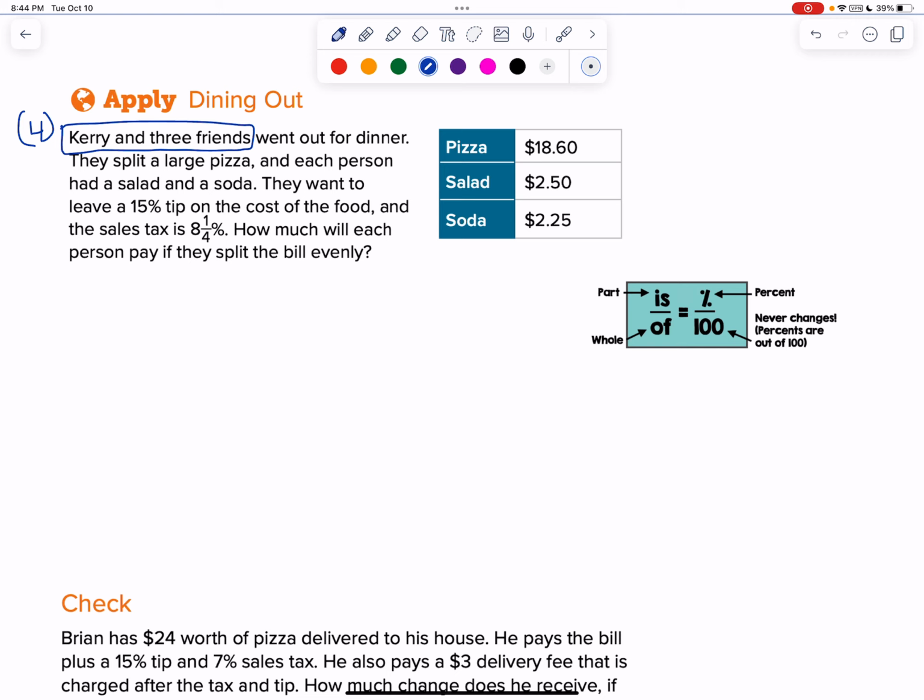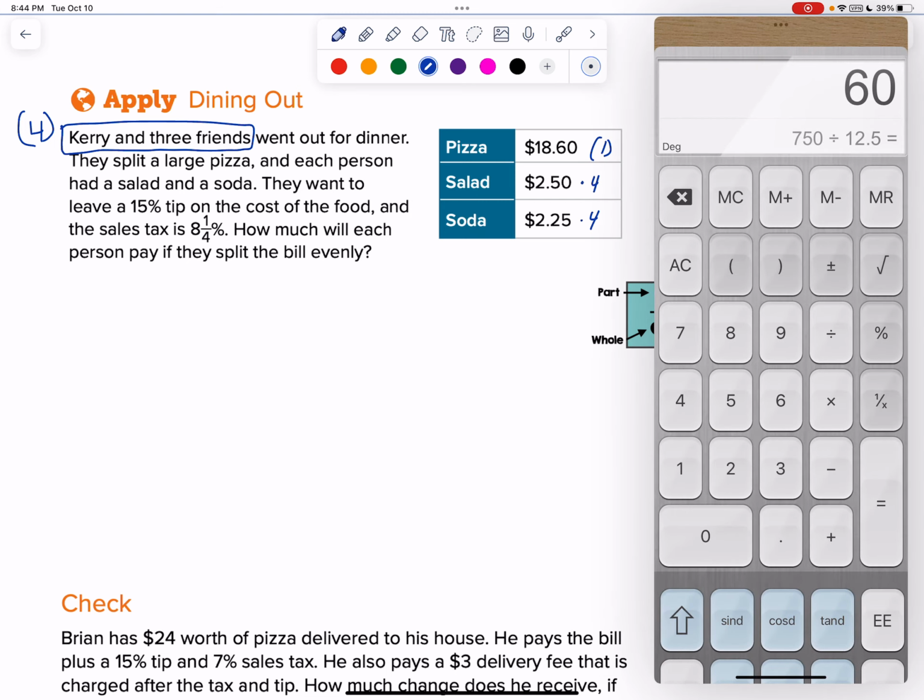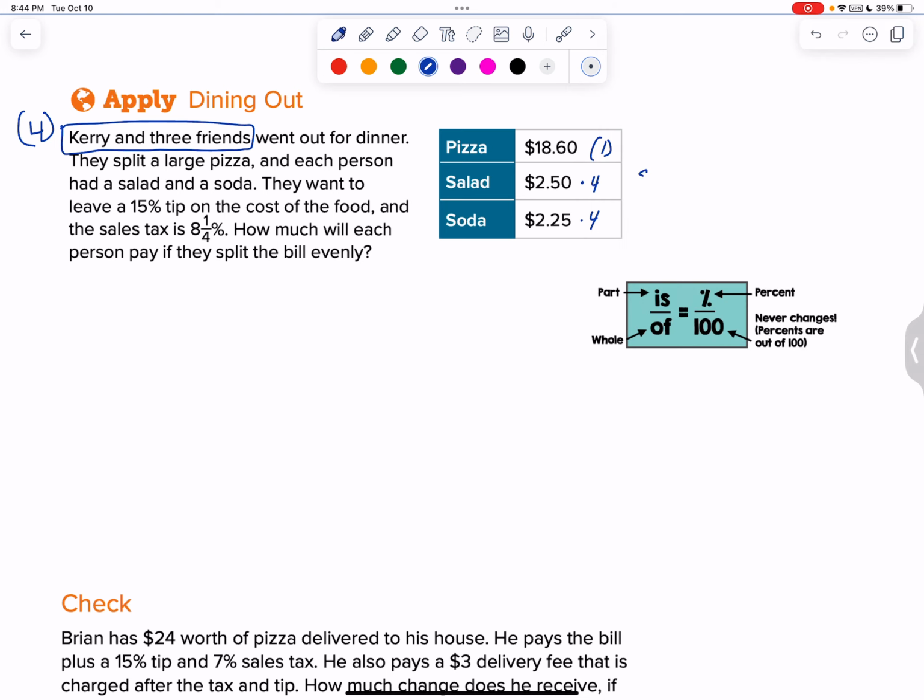Okay, so let's go ahead and figure this out. They split a large pizza, so there's only one of these pizzas. They each had a salad and a soda, so this is times 4 people, times 4 people. Let's take care of that first so we can get some accurate information. $2.50 times 4 is $10.